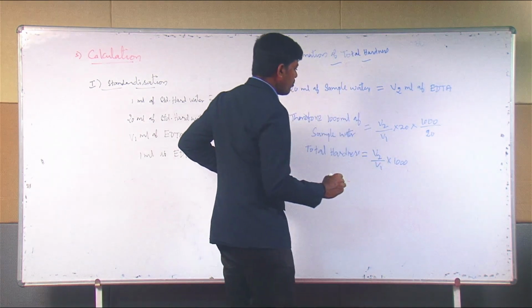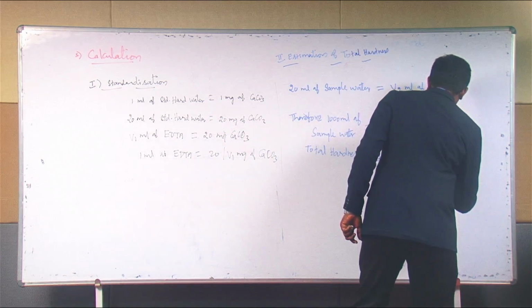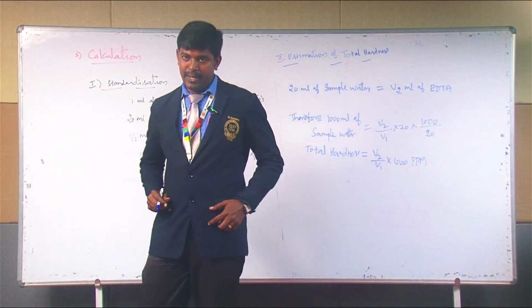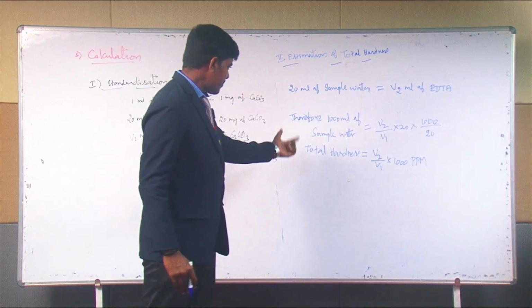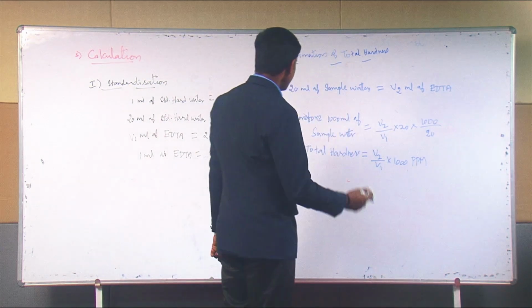So, V2 by V1 into 1000 ppm. ppm refers to parts per million. The unit used for representing the hardness is ppm.